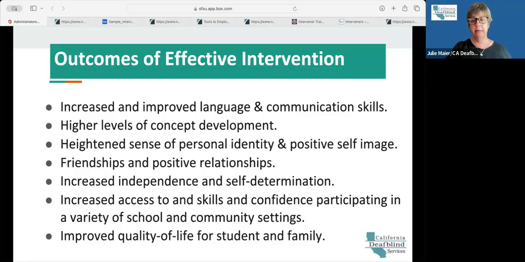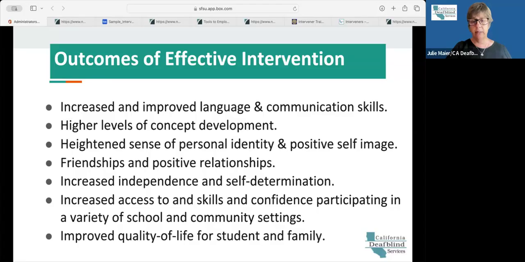Increased independence and self-determination. Oftentimes, people think a one-to-one support person will decrease a student's independence. It's completely the opposite with a good intervener. A good intervener is helping a student become more skilled, more confident, more understanding of concepts in their environment, and able to do more things themselves.